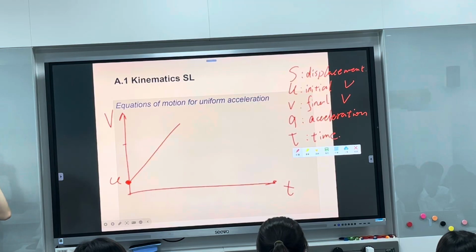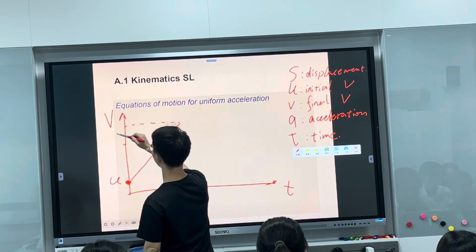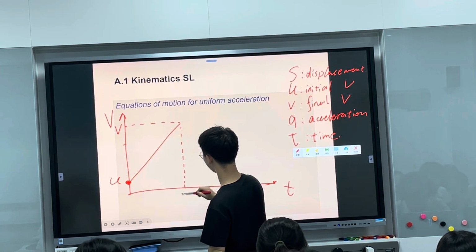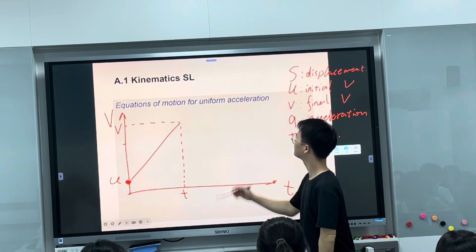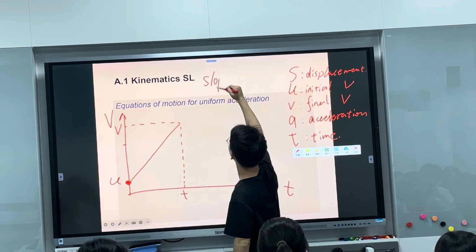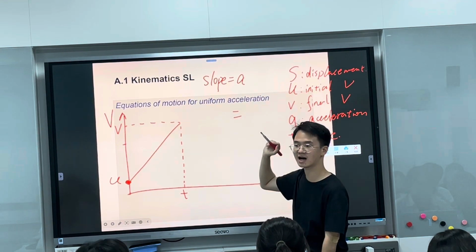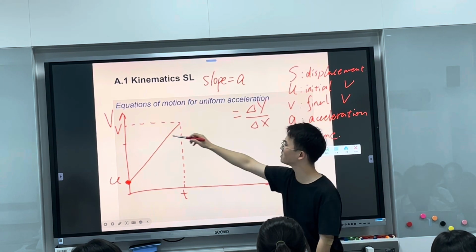Okay. So, let's say this here is our final velocity v, and it takes this much time t to get there. We know that slope is acceleration. How do we calculate slope? Delta y over delta x. What is delta y here?